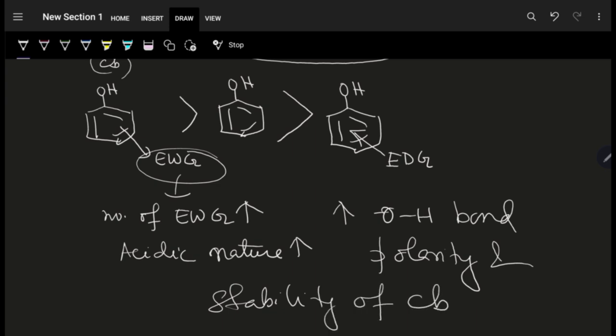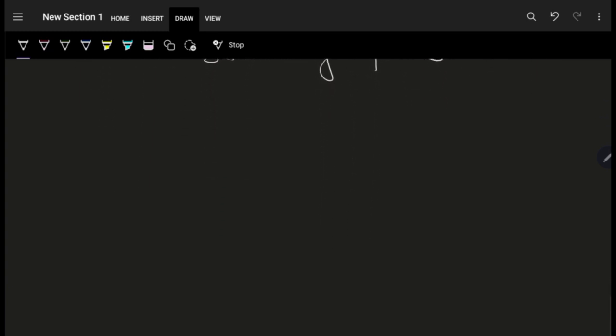So this part is very, very important. Please note that this is the order of acidic behavior of phenols and substituted phenols. And if the number of electron withdrawing groups increases, then the acidic nature also increases.